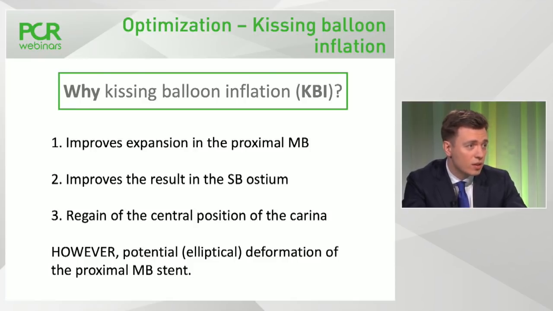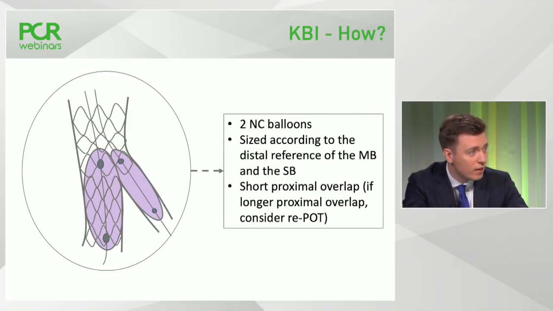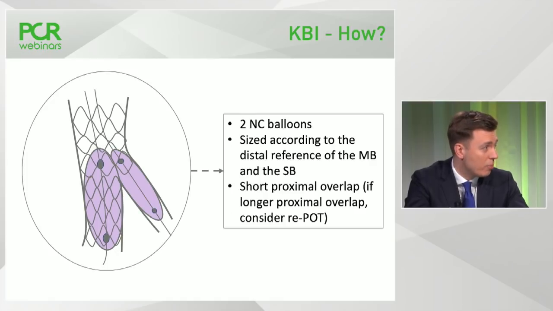Those are three things that we mechanistically will achieve with kissing balloon inflation. However, we need to be aware of the fact that there are also side things that we do not want to achieve, but that happen with kissing balloon inflation, like, for example, elliptic deformation in the proximal main vessel or arterial overstretch in the proximal main vessel. Those are the things that we do not really want to achieve, but that can happen with kissing balloon inflation.